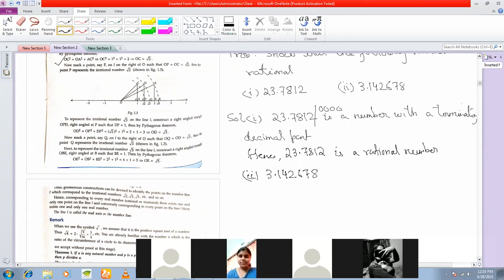3.142678 is also a number with a terminating decimal, because after this you're getting zeros only, right? So the decimal numbers truncate here. That means it is a number with a terminating decimal part.